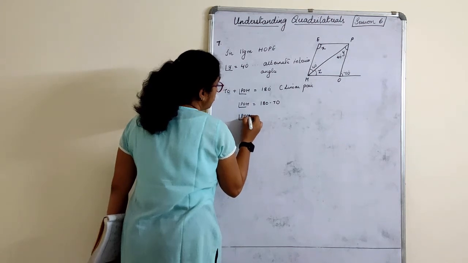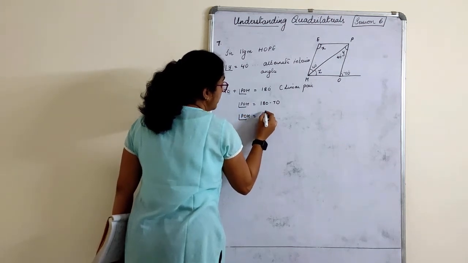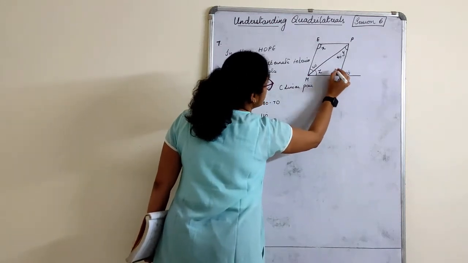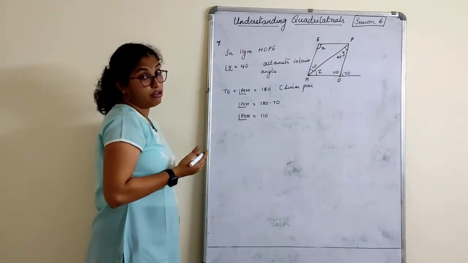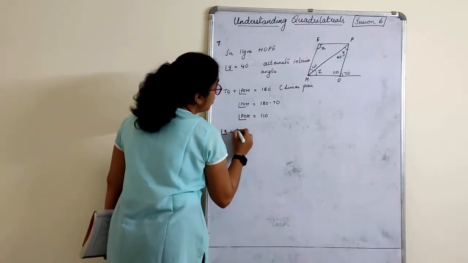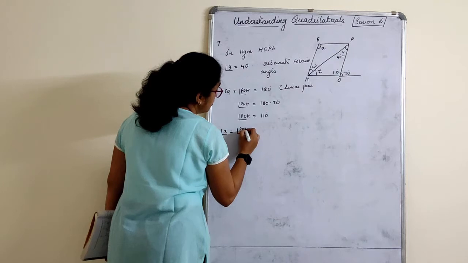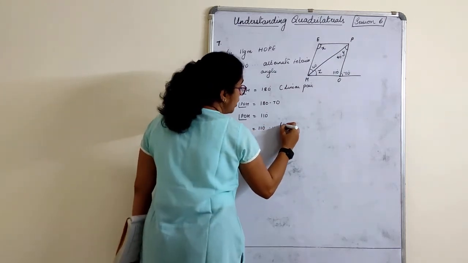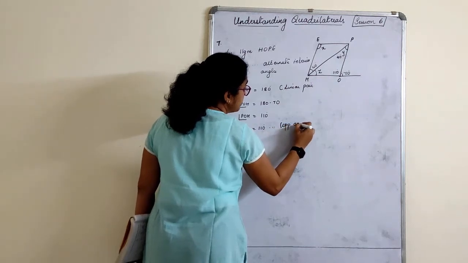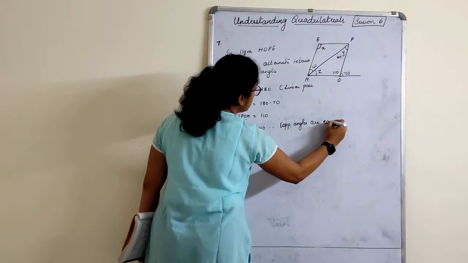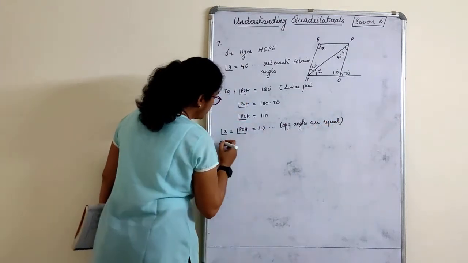Angle POH is equal to 110 degree. So this is here 110. If this is 110, angle X is also 110. So I will write angle X is equal to angle POH is equal to 110. Reason? Opposite angles are equal. We are using the property of a parallelogram.